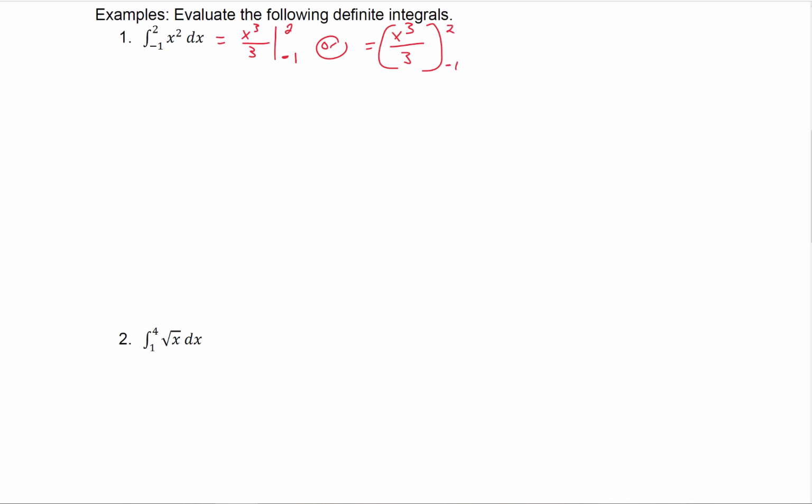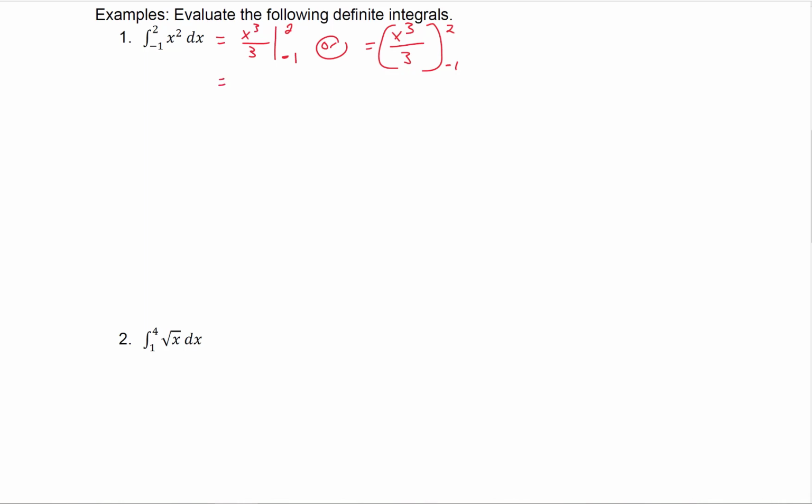You should use either one of these notations. Typically, I'm going to use the vertical line if our antiderivative only has one term, and the brackets if you have more than one term. That's just good practice to make sure you're showing that the entire antiderivative is being evaluated from -1 to 2. If there's only one term, though, it really doesn't matter.